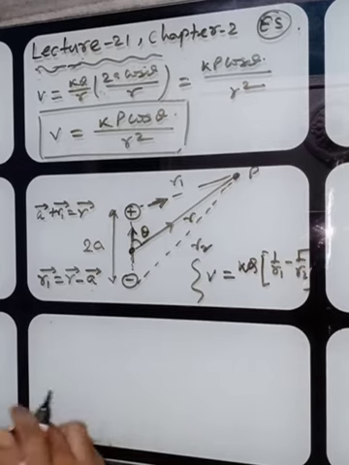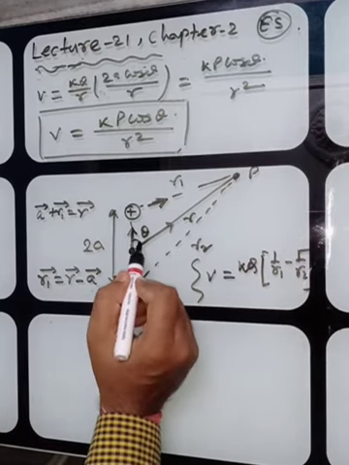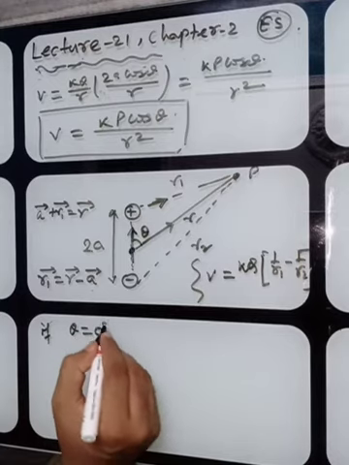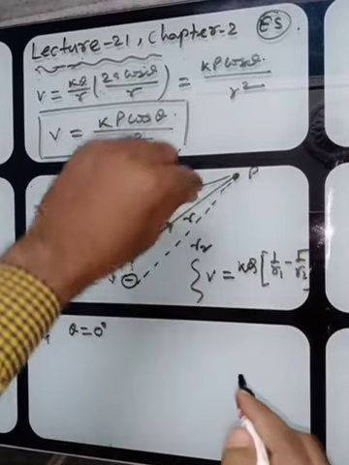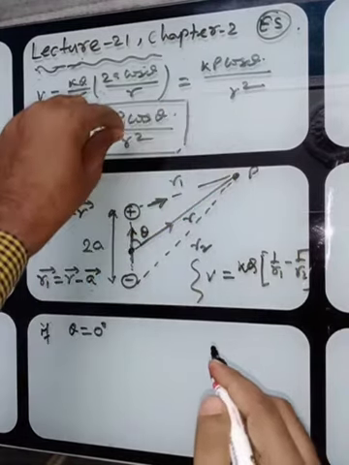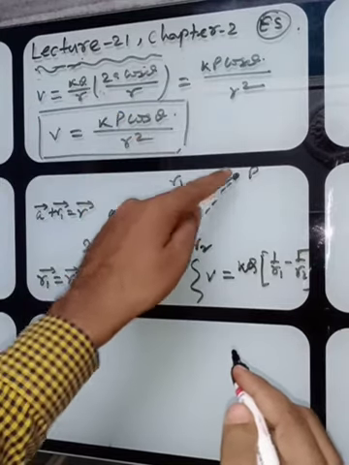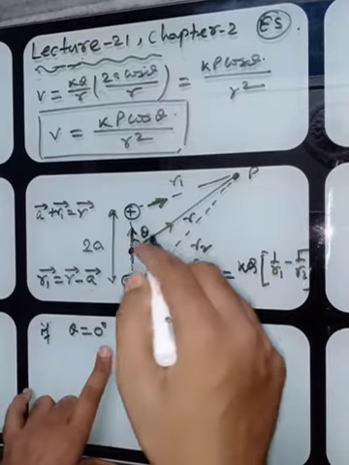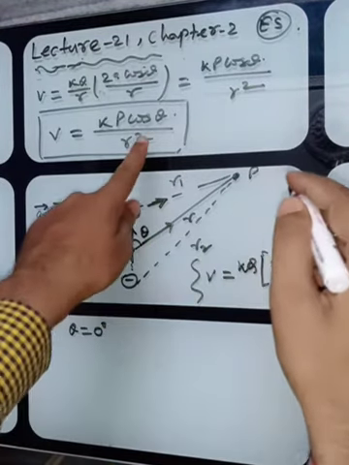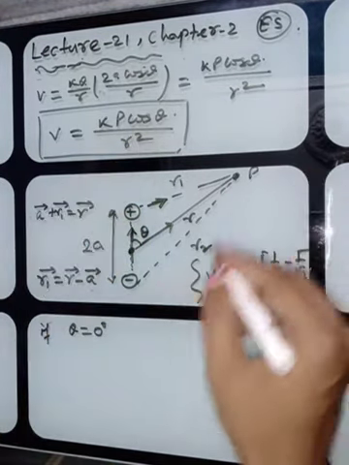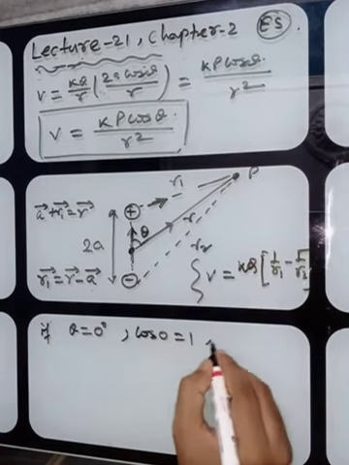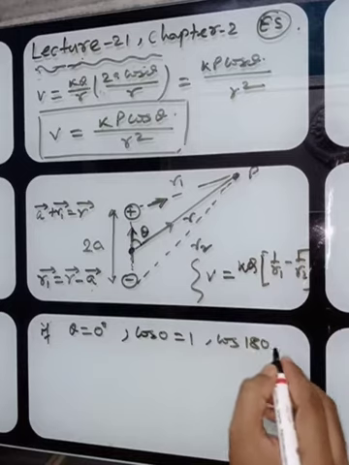Now here the special case: if this theta is 0 degree, then this point will move on the axis. Or if this theta is 180, then it will again move on this axis. By putting 0 or 180, cos 0 is 1 or cos 180 is minus 1.